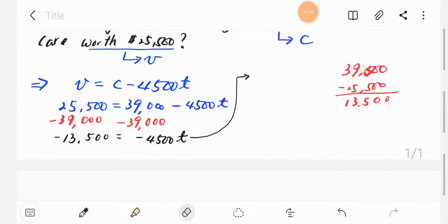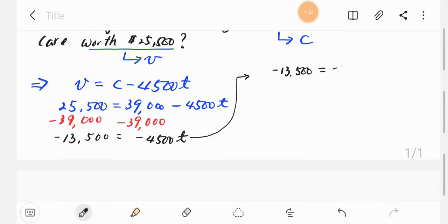From here, we want to find t. So what do we do? We just divide each side by the coefficient. What's the coefficient? T is together with 4,500, so this is a product.